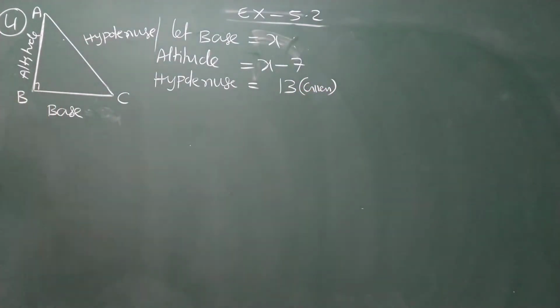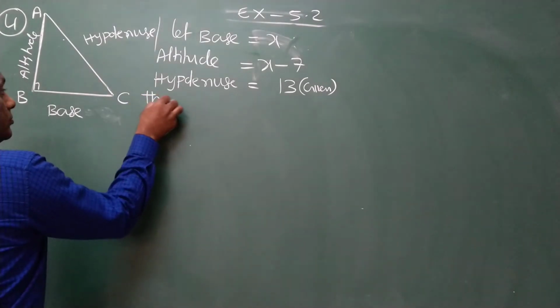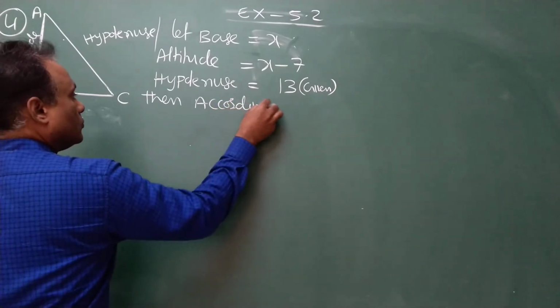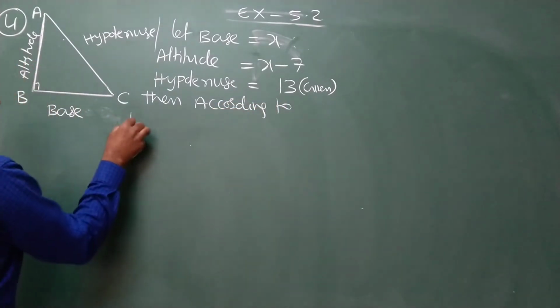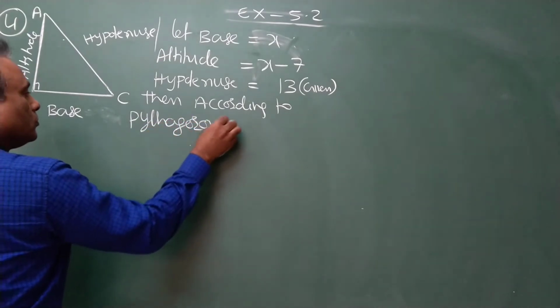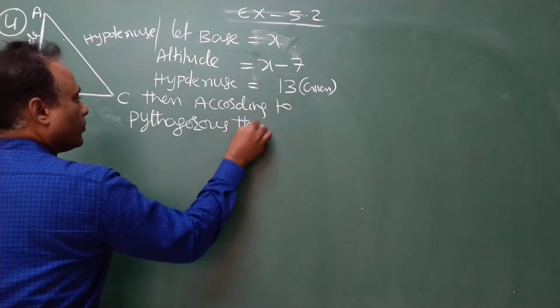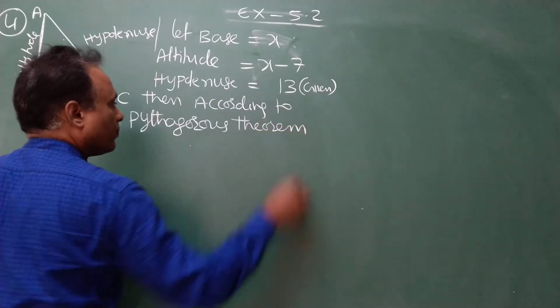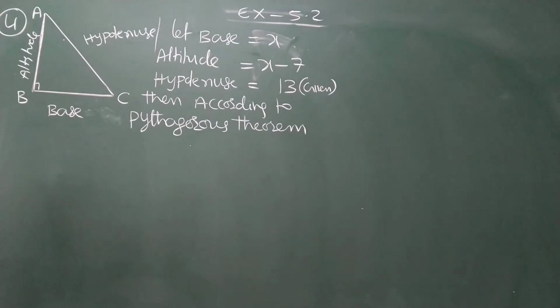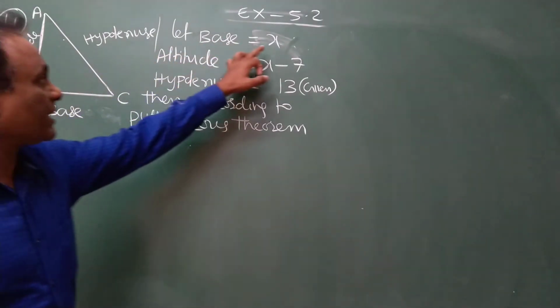Then, how to prepare the equation? Then, according to Pythagoras theorem, this I am taking as x.